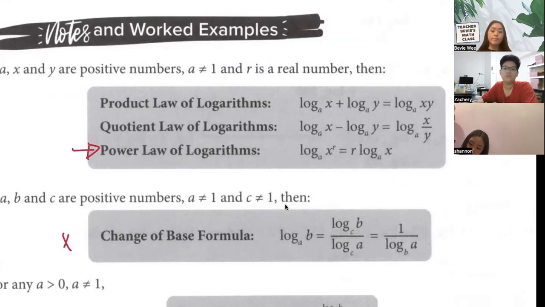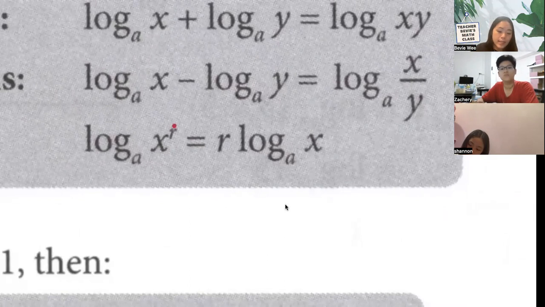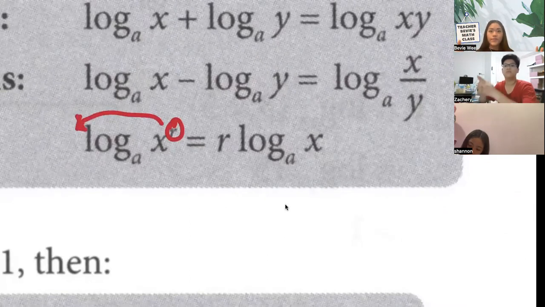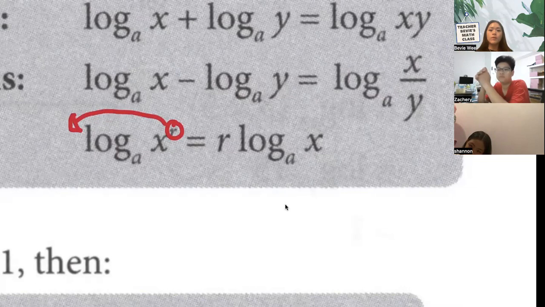Okay, power law, very simple. If you have a power like this, the power can just go to the front. That's all. I repeat: if you have a power on your number, your power can just move to the front. That is called power law. So what do you mean by move to the front? Like this.